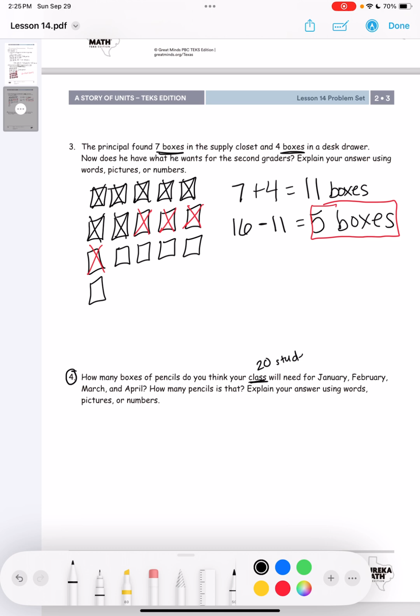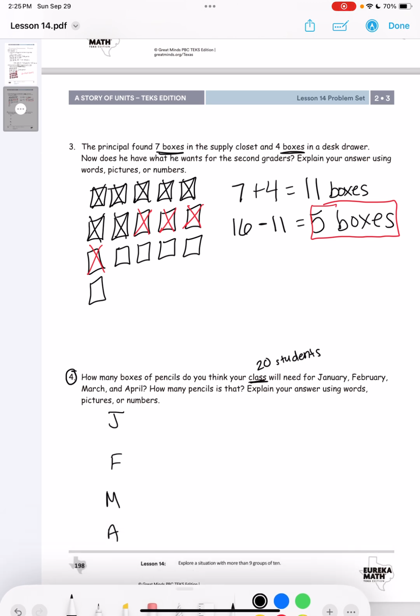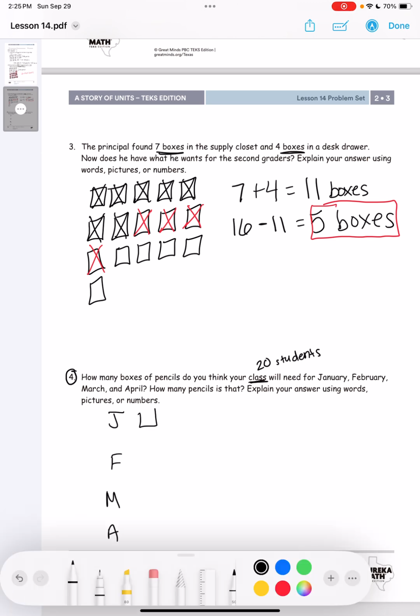Each box, remember, has 10 pencils. If I need 20 pencils, then that means I am going to need 2 boxes, 10, 20. So I'm going to need 2 boxes for January, 2 boxes for February, 2 boxes for March, 2 boxes for April.